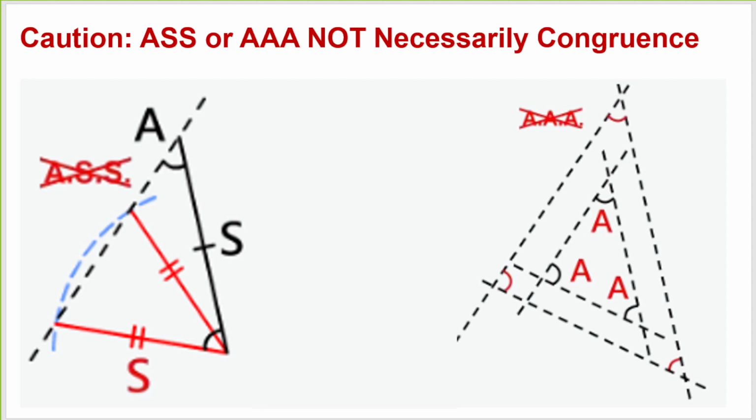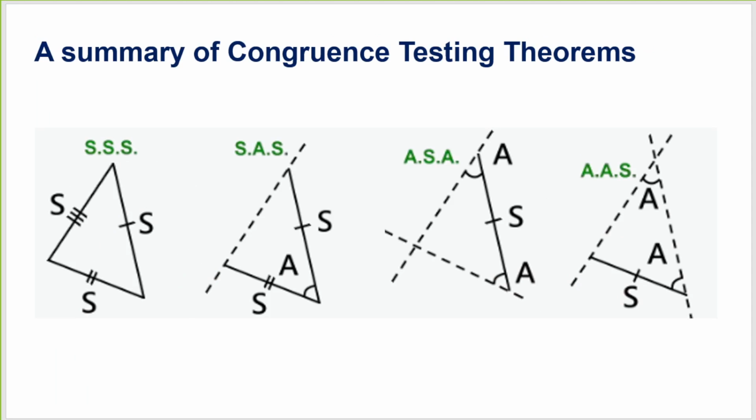As long as each side is parallel with corresponding sides, you will have three pairs of equal angles. But in this case, these two triangles are apparently not congruent with each other. Okay, so ASS or AAA does not necessarily mean congruence. You can only use these four: SSS, SAS, ASA, or AAS, okay? You remember that?